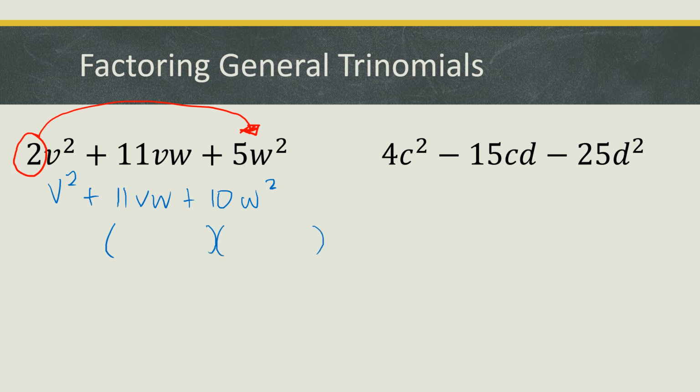v squared is v times v. w squared is w times w. So we will now go with the value of c, which is 10, and the value of b, which is 11. They are both positive. So what are the factors of 10 that we may obtain positive 11?